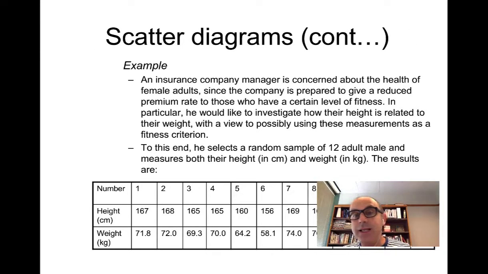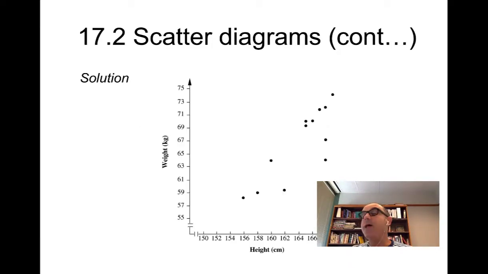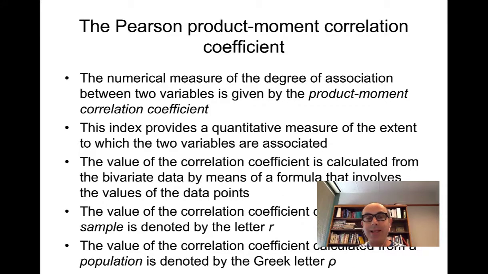In this case, an insurance company is concerned about the health of adults, since the company is prepared to give a reduced rate. Based on it, it wants to look at 12 adults, their weight and height, and see what the correlation between them is.